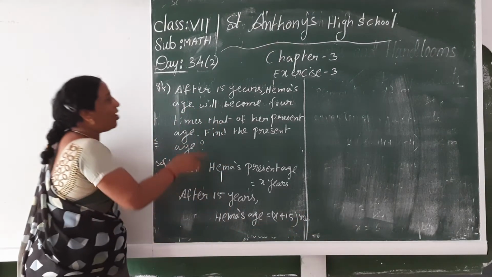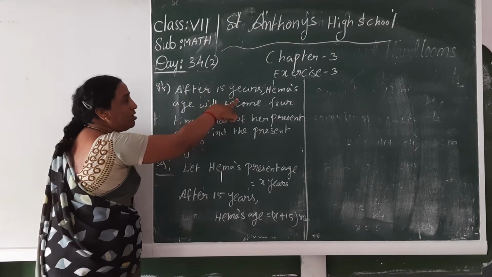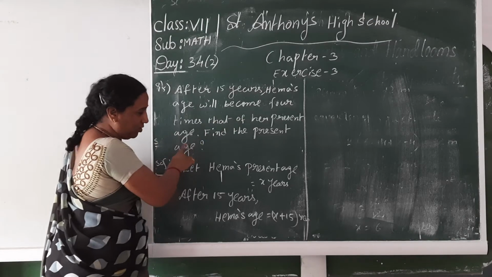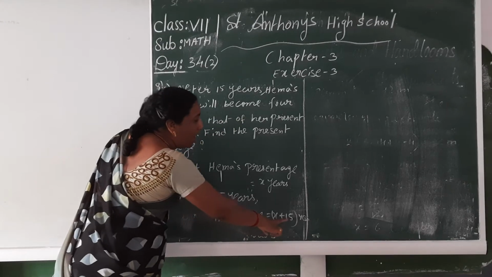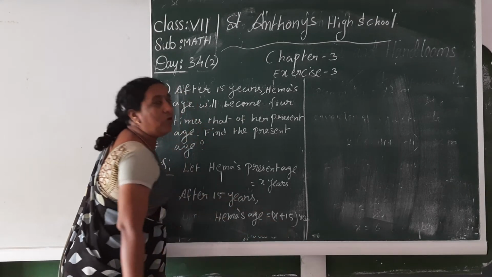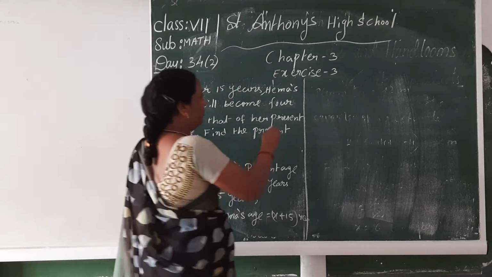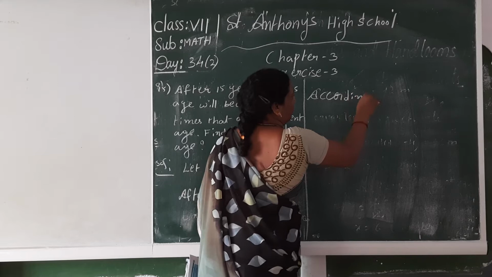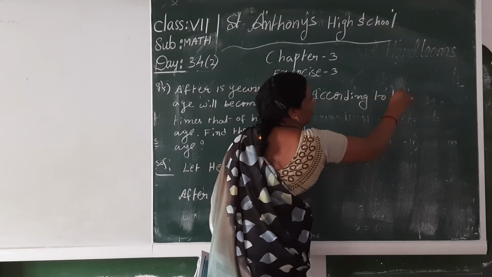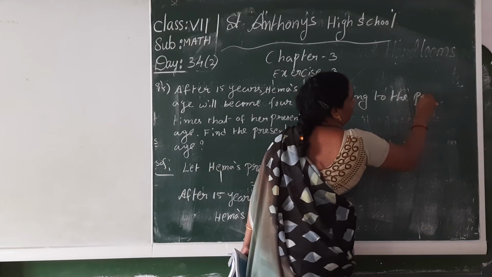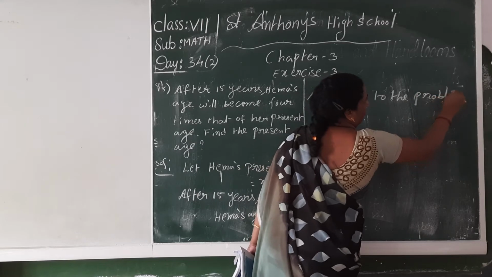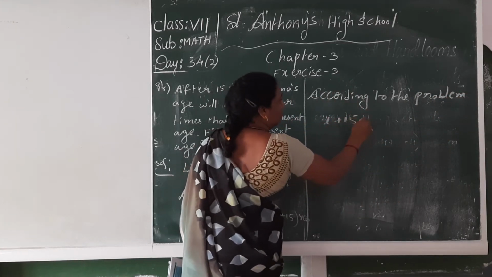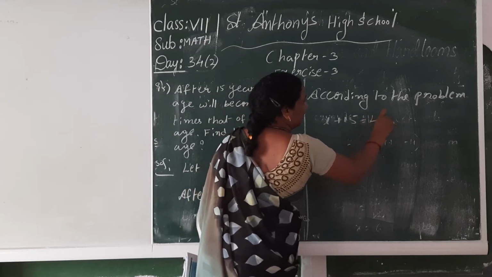But in the problem, what is given? After 15 years, Haman's age will become 4 times that of the present age. Now, according to the problem, x plus 15 is equal to 4 times the present age. x plus 15 is equal to 4x.